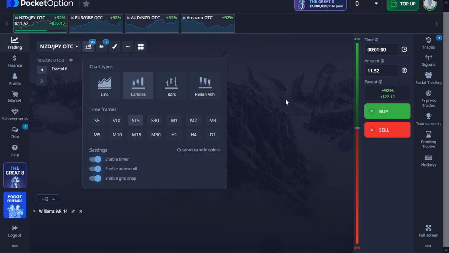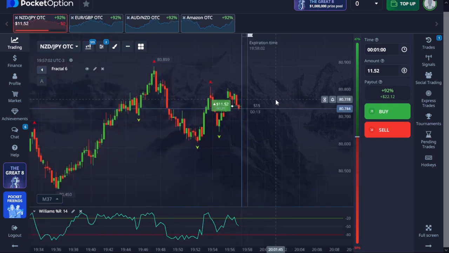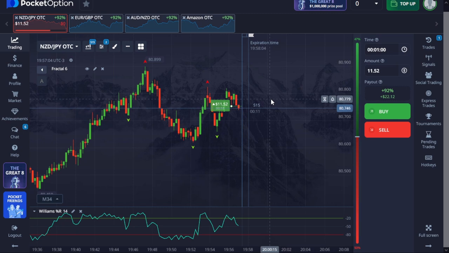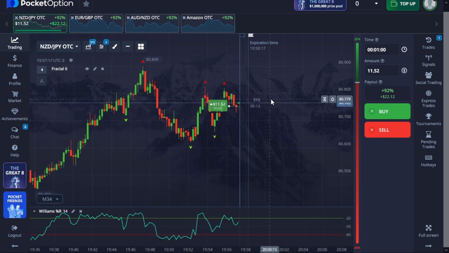It would have made it downward right now, but look at that, the reversion at this moment right here.